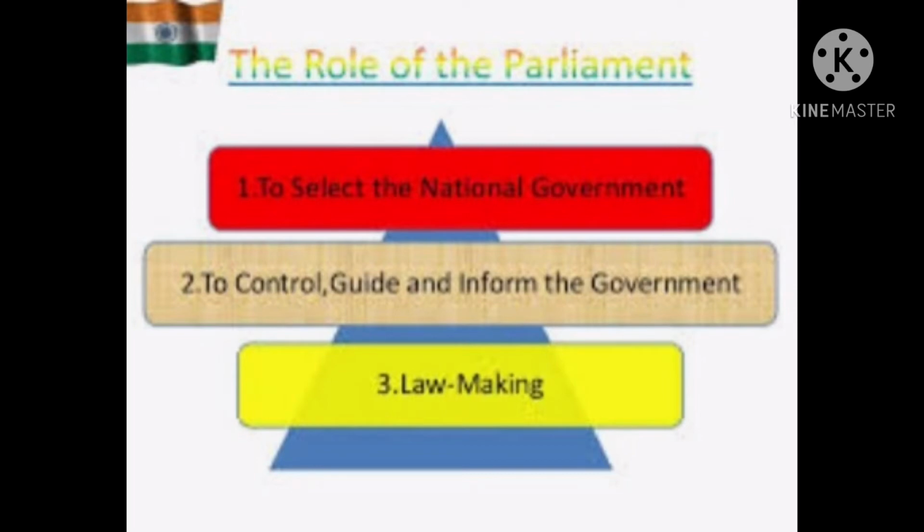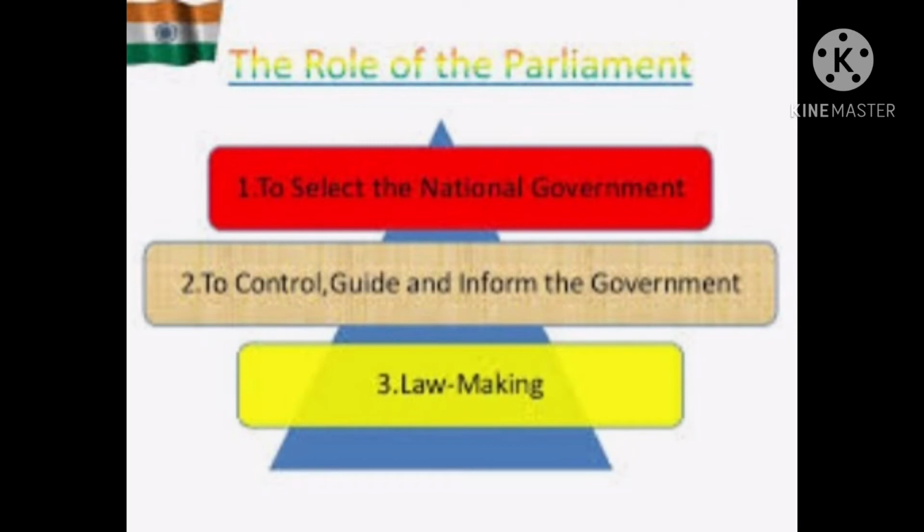After the election result, they prepare a list of which political party has won how many seats. So the political party that gets 272 seats or above is asked to form the government by the president.